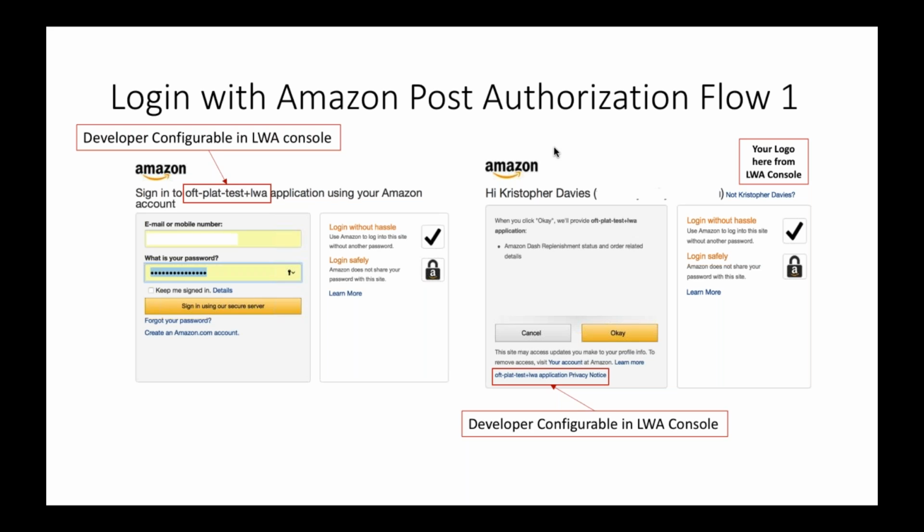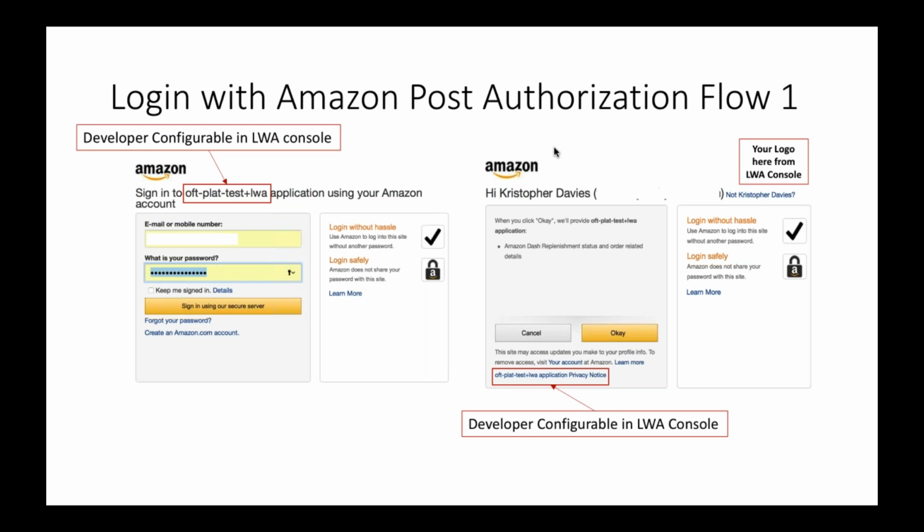So here's an example of the Login with Amazon post-authorization flow. The first screen is the screen that's presented to the customer in the web view to allow them to log into their Amazon account. I've highlighted here a couple of things that are user configurable or developer configurable on this screen. So you can see sign into oft-plat-test plus LWA.